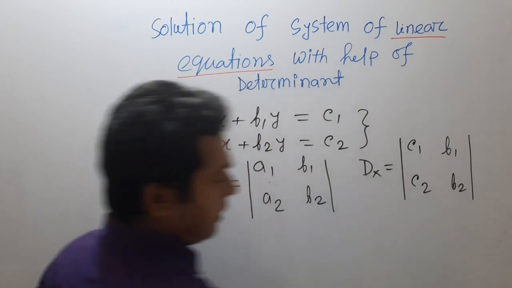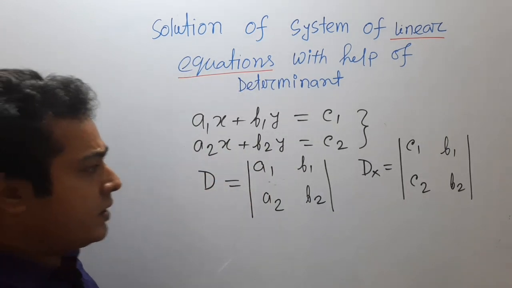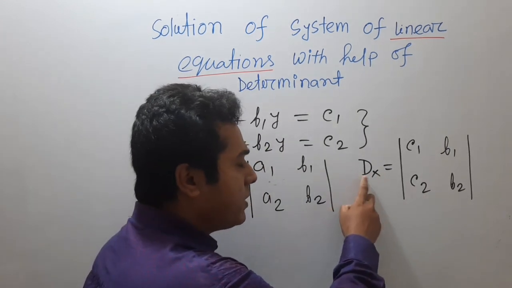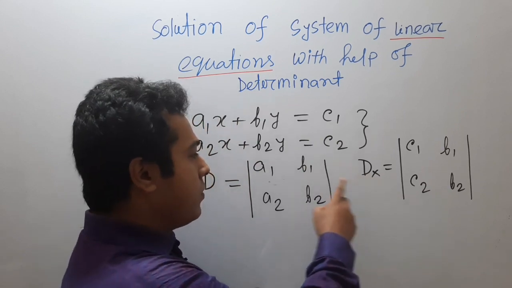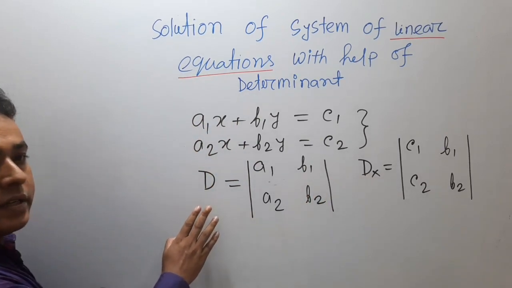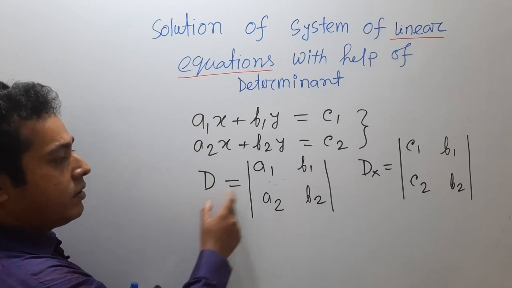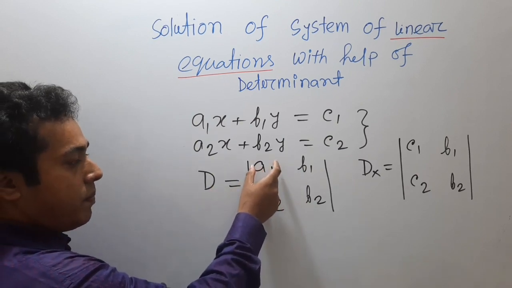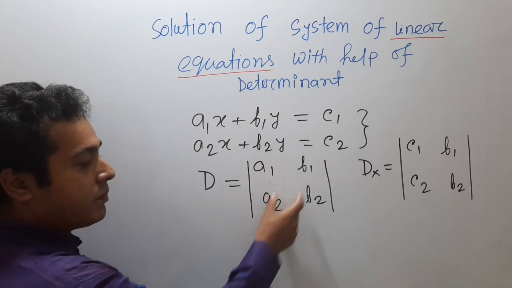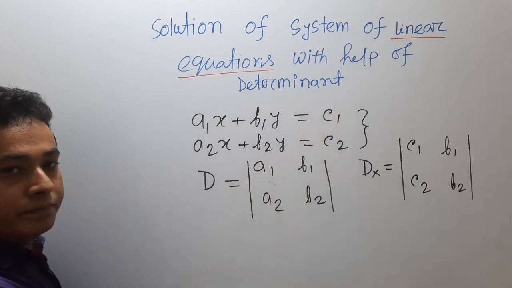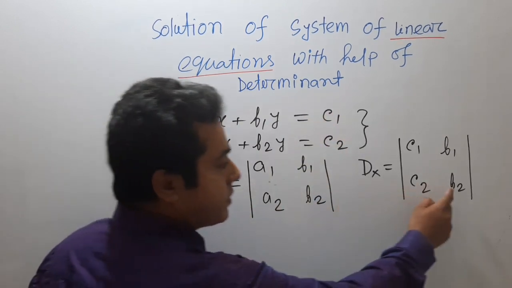This is denoted by Dx, which is created from this equation. From this determinant, the coefficient of x is replaced by the constant terms, so Dx is equal to this.